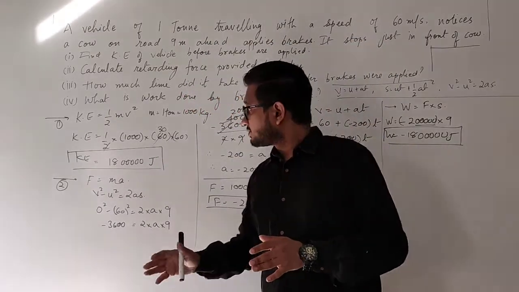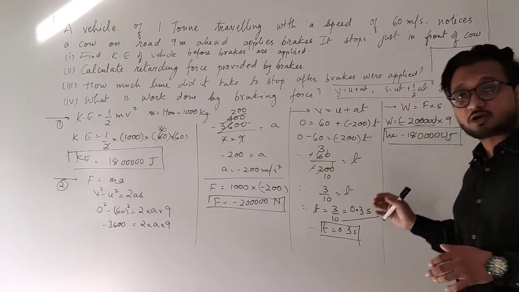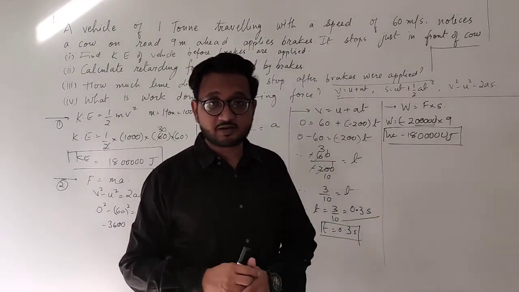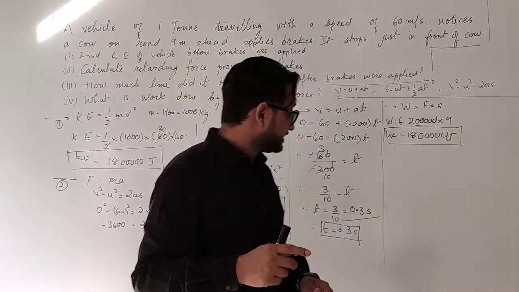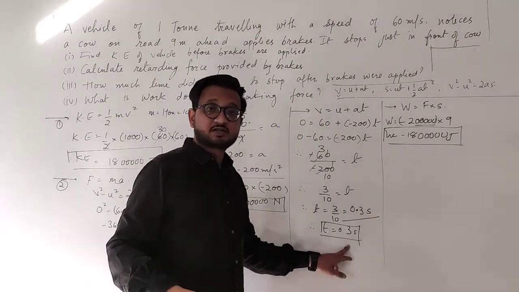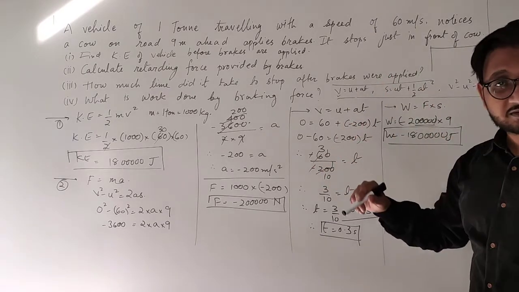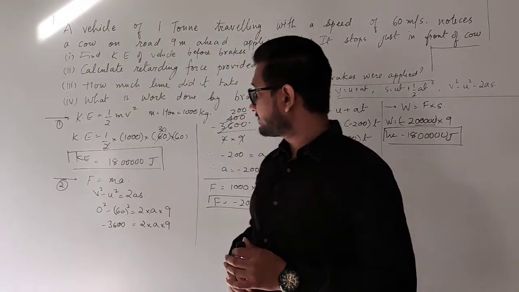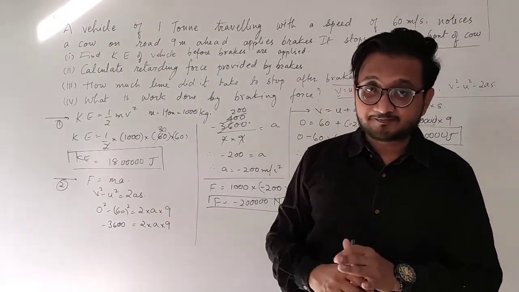Okay? So, what happened was, 18 lakh joules of energy was applied and 18 lakh joules of work was done on the vehicle by the brakes in 0.3 seconds to stop the vehicle in 9 meters. Okay? I repeat once again. The vehicle was moving with 18 lakh joules of kinetic energy.